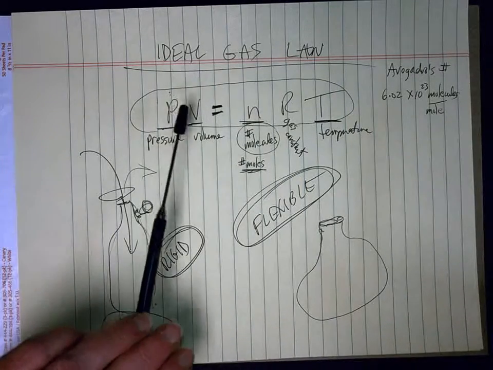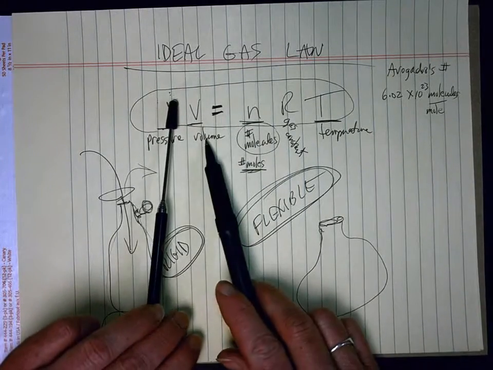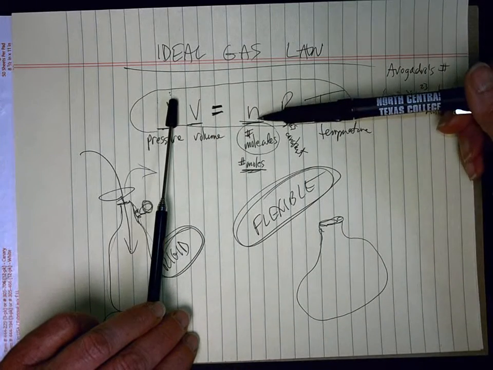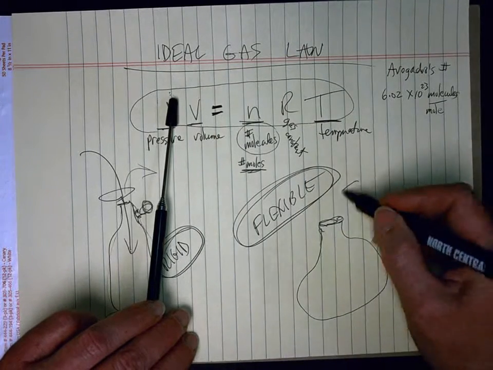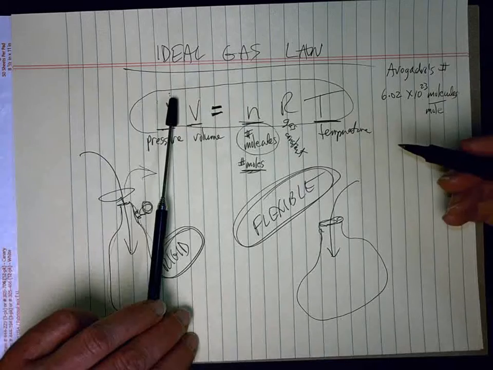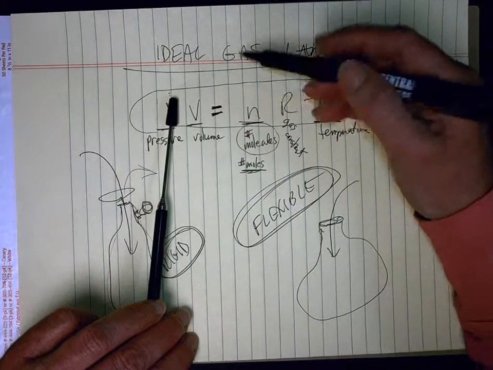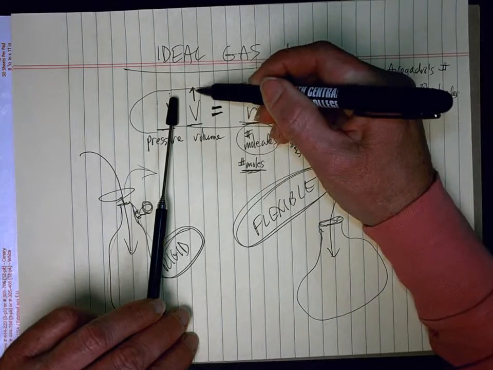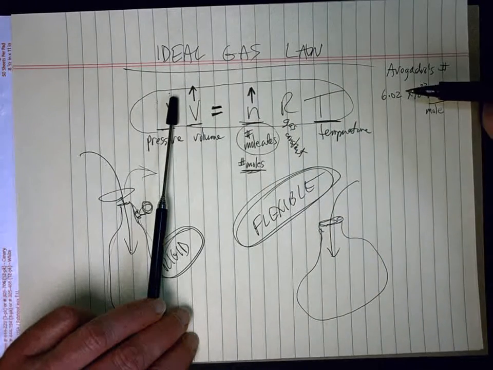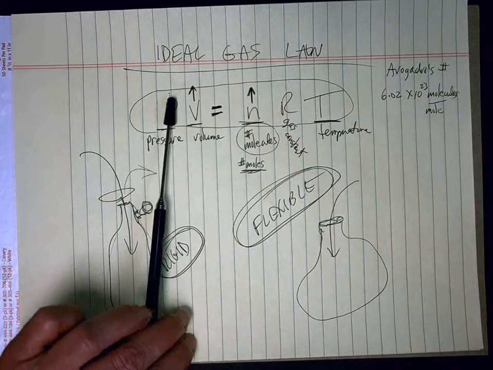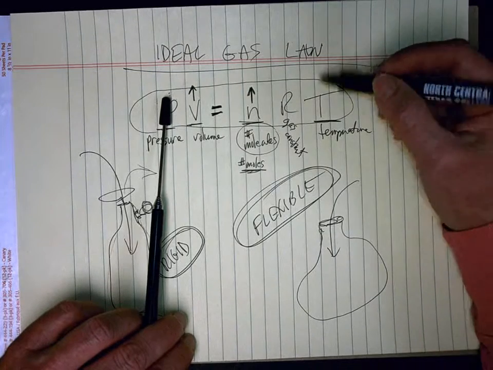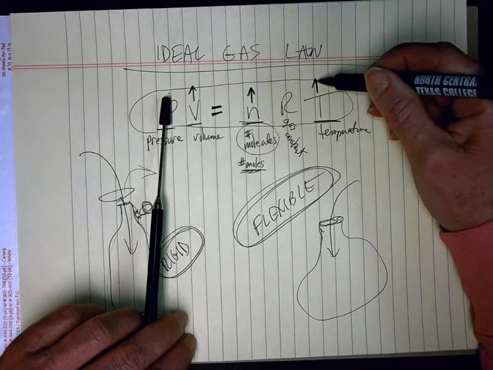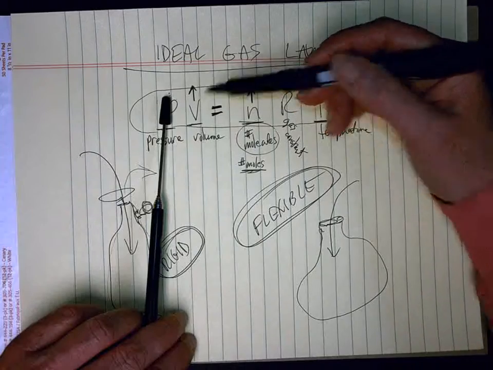So if you say the pressure is not going to change much, but the volume can change, if you add molecules to a balloon, you blow up a balloon, you're adding molecules of air, and the volume increases. So this is going up, that goes up. Same way, if you have a balloon that has air in it and you heat it up, you increase the temperature, then you're also going to increase the volume.